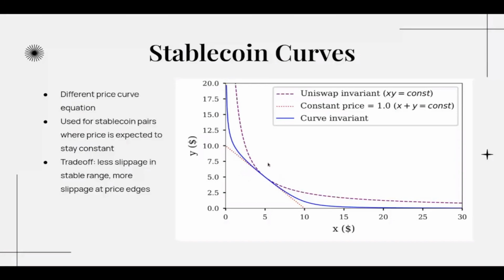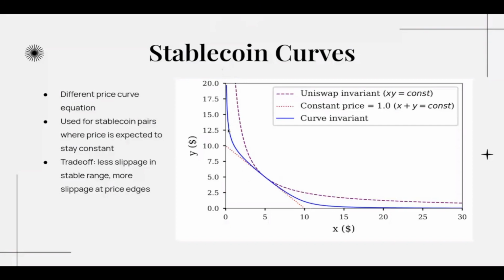But there are no free lunches. By doing this, you bend the curve at the edges in such a way that if the stablecoins do depeg significantly, then the price will change rapidly at the edge. So you're trading off stability within the expected range, in terms of slippage and getting better trades, against the tail end.